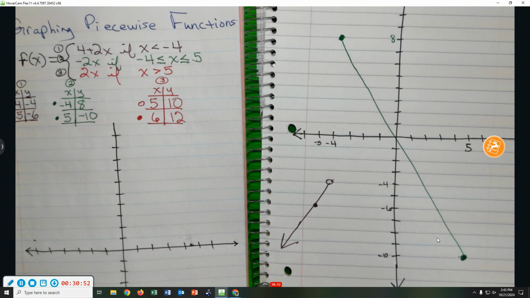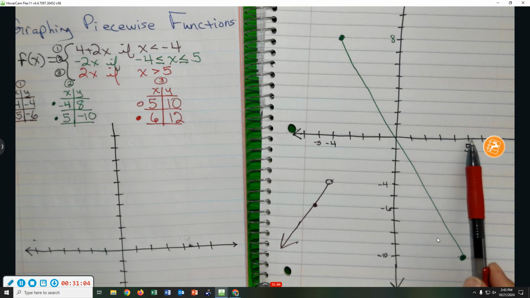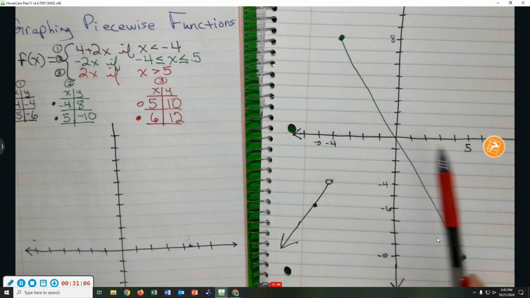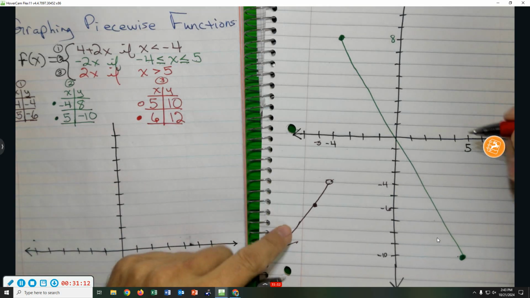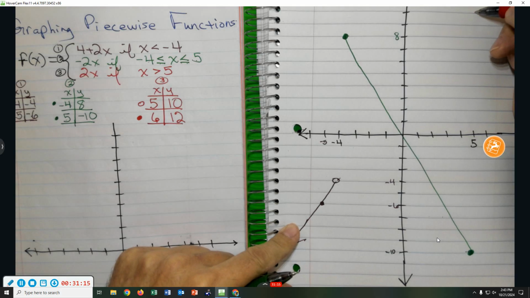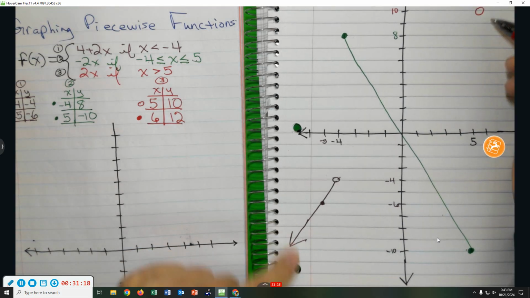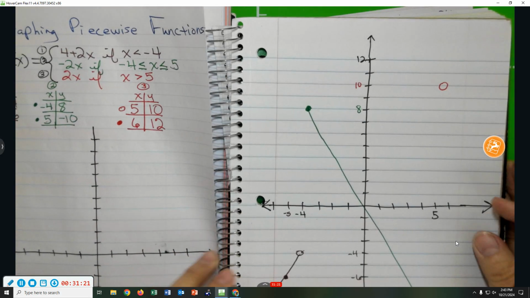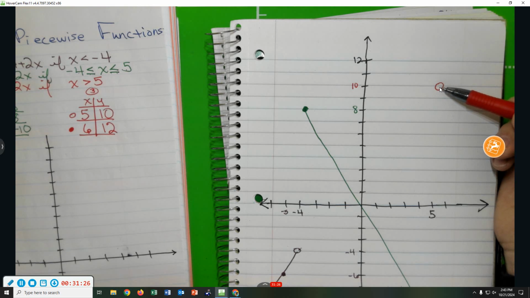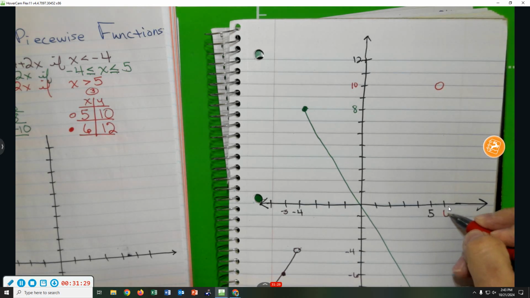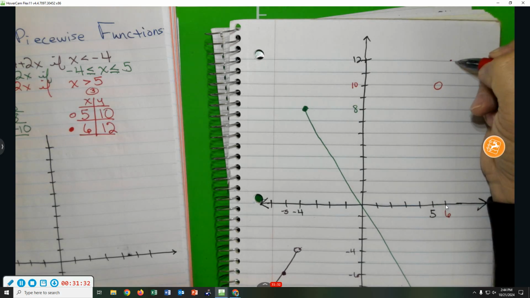In words, the brown graph starts at -4 and moves to the left. The green graph is strictly between -4 and 5. There can't be any arrows on it. The red graph starts at 5 and goes. Well, okay, there's 5. Right 5, up 10. And then the second point, right 6, up 12.